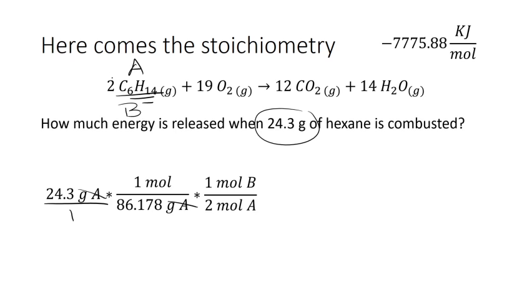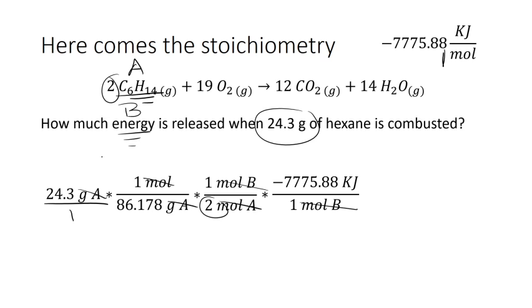We know our moles of A, 2, is in our balanced equation. And then for moles of B, we consider this to be 1 mole of B, so we just put 1 mole in there. Then we use our delta H, the enthalpy that we found in the last equation. All our units are canceling out except for kilojoules, which is great because kilojoules is a unit of energy.